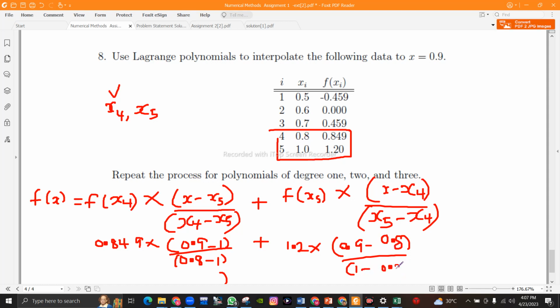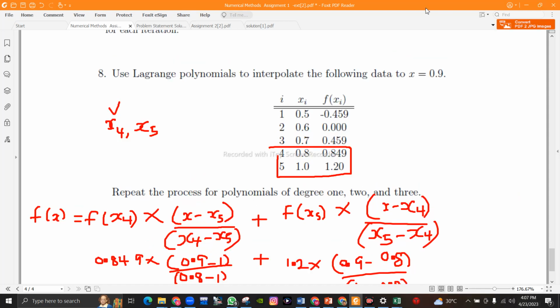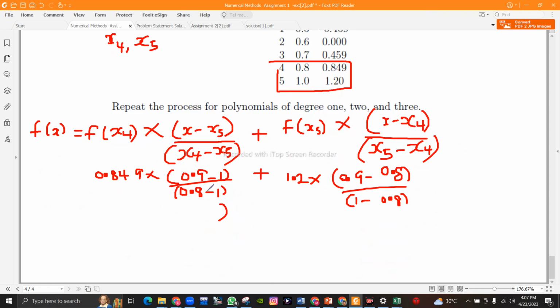If we calculate this, we are going to have 0.849 times 0.9 minus 1, that's minus 0.1, divided by 0.8 minus 1, that's minus 0.2, plus 1.2 times 0.9 minus 1, that's 0.1, divided by 1 minus 0.8, that's 0.2.